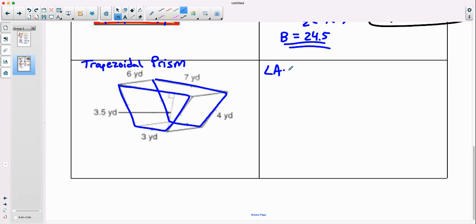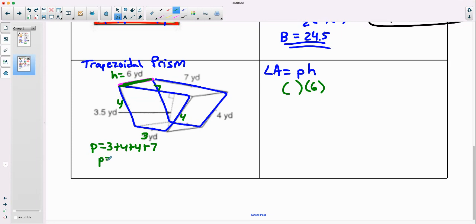The lateral area is the perimeter of the base times the distance between the bases. So the distance between the trapezoids is going to be this 6 right here. Okay, that's going to be our height. We just need the perimeter of one of the bases. And this is where maybe it's a little hard to read. This side length is 4, this side length is 7, this is another 4, and this side length is 3. So that's what we're adding up.